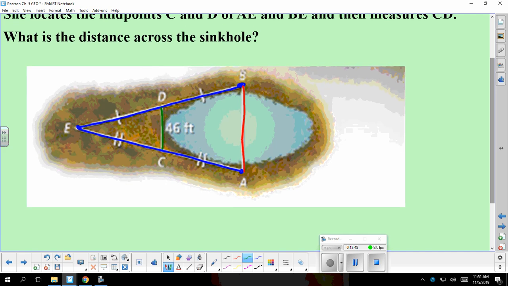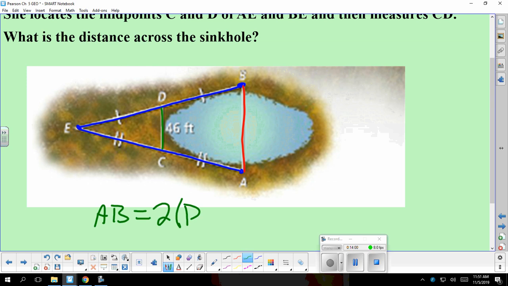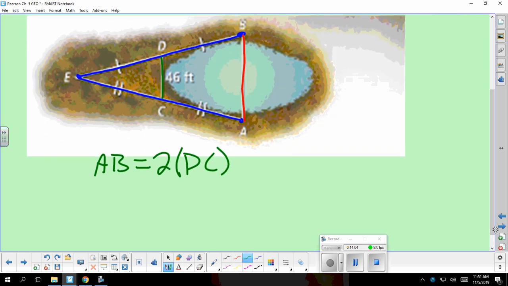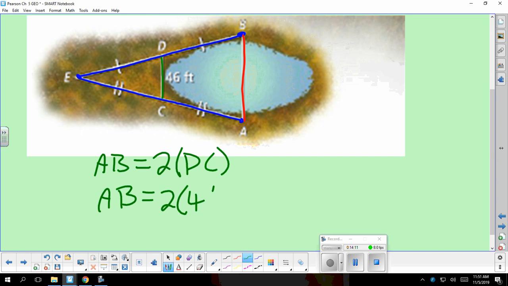So we know that AB is going to equal 2 times DC. AB equals 2 times 46. AB equals 92. So the distance across the sinkhole is 92.